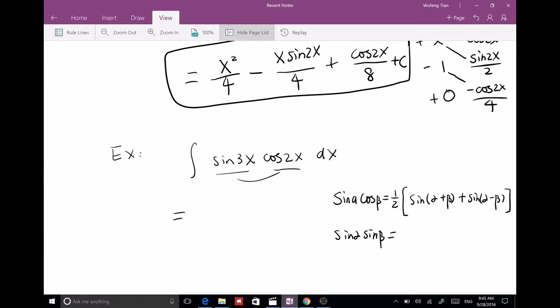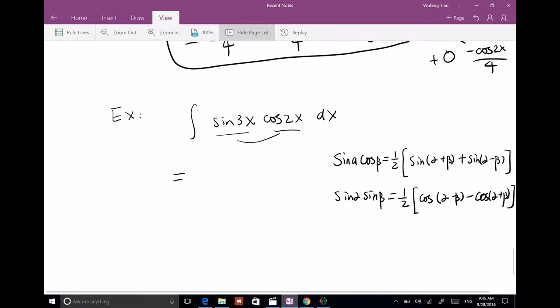equals half of cosine. I should switch those two, but you don't forget it. Cosine alpha minus beta minus cosine alpha plus beta.